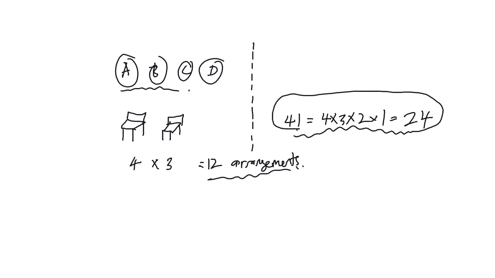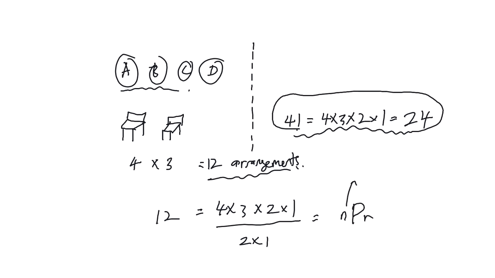So let's generalize this. 12 is equal to 4 times 3 times 2 times 1 over 2 times 1, which in general they put this way, nPr.